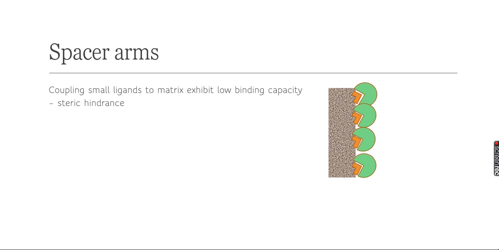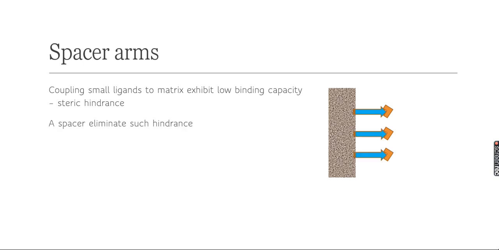What can be done in this scenario? We can take out those ligands and put in some spacer. Flanking the end, you can see we are putting the spacer molecule, which gives some extra gap from the original one. Now, with the spacer there, the target molecule can bind very easily. So the spacer increases the distance from the matrix, and the steric hindrance can be avoided.